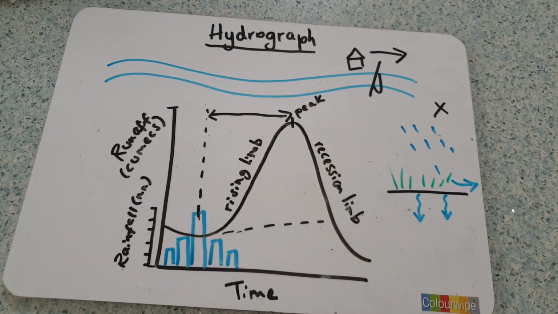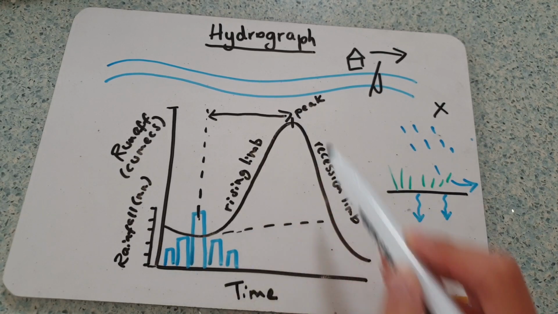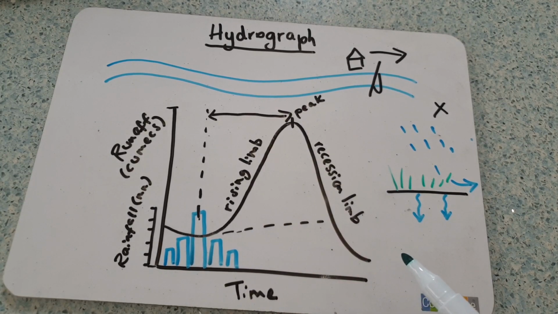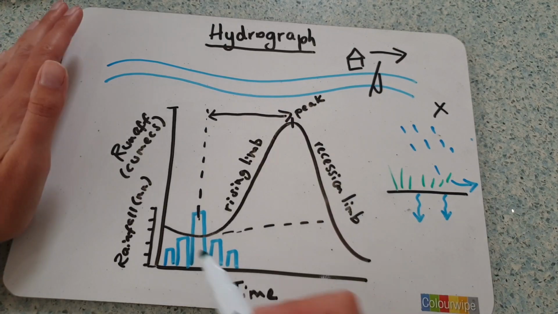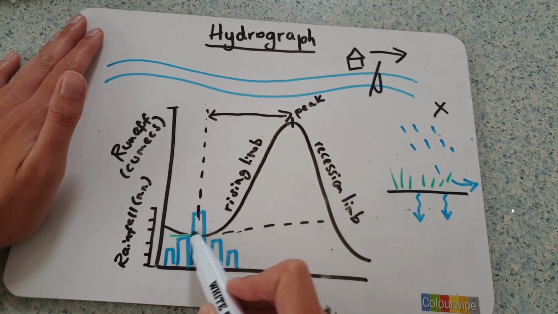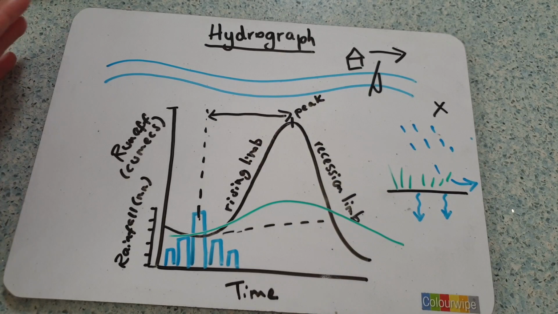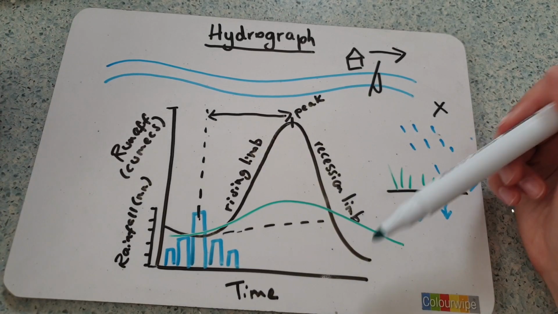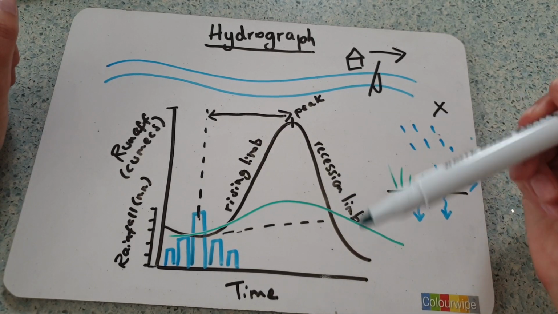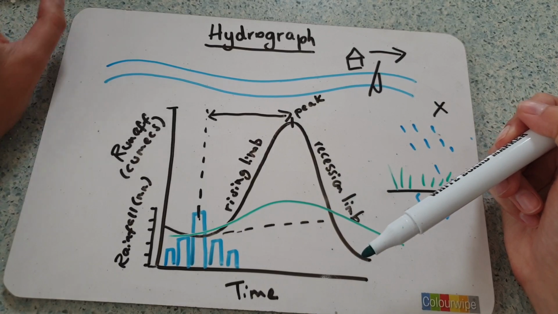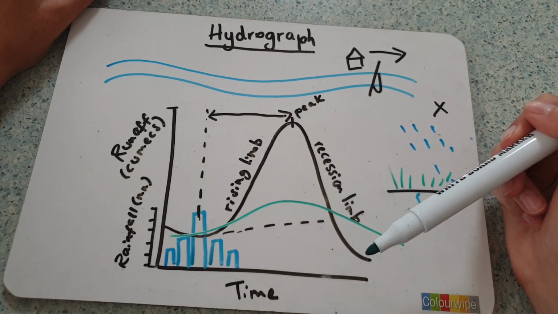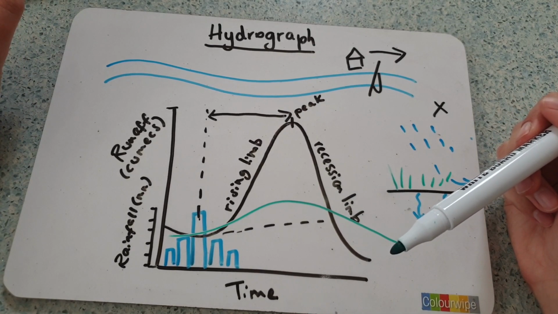Graph A and graph B are very, very different. So what you might find is that one might end up looking like this, a bit like a classic one that I've put in, and one of them might end up looking a bit more like that, for example. There are reasons why we get different hydrographs, which is what you're going to do after you've drawn them, and have a look at slide 9.